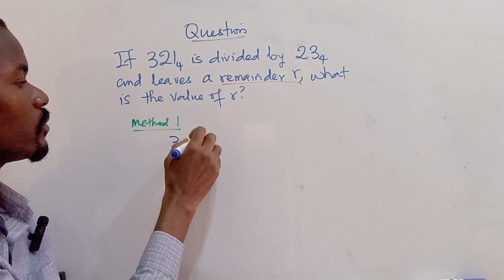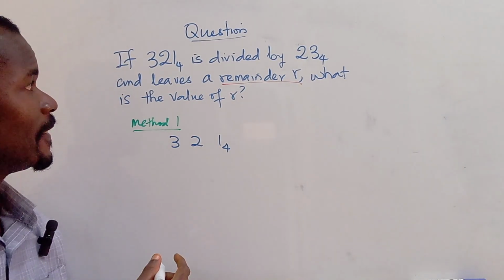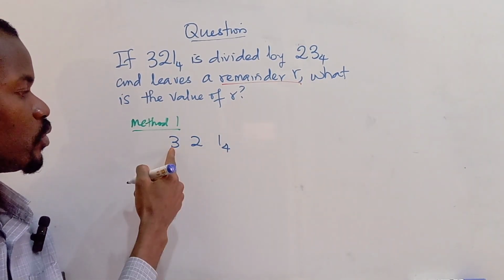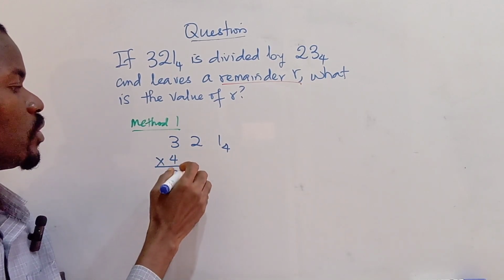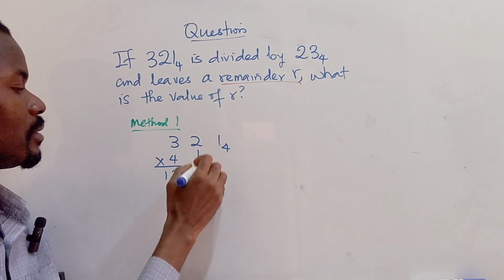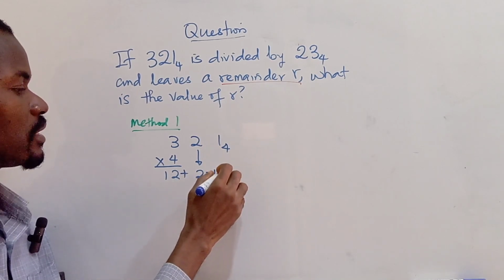So our 321 base 4, converting it to base 10, I'm going to use 4 to multiply this 3. That will give me 12. I'm going to add this 2, that will give us 14.